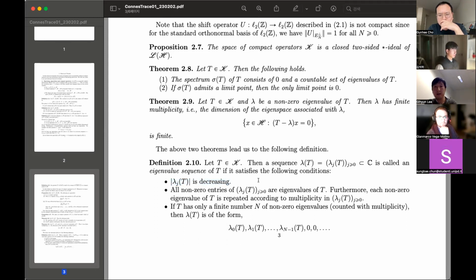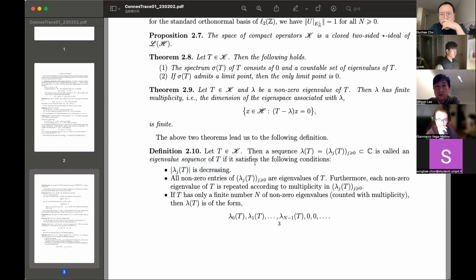A sequence satisfying this condition is called an eigenvalue sequence of the compact operator. What do I mean by eigenvalue sequence? The absolute value of this sequence should be decreasing, and all non-zero entries of this sequence should be eigenvalues of T, and we repeat the non-zero eigenvalues according to their multiplicity in the sequence.